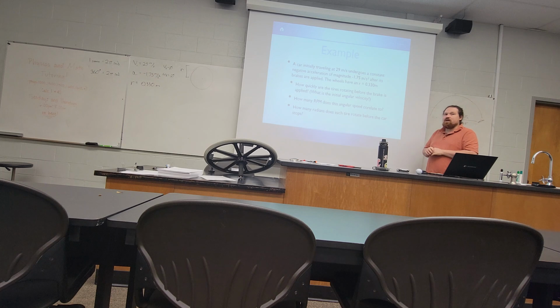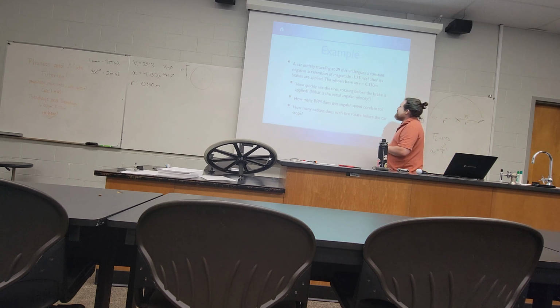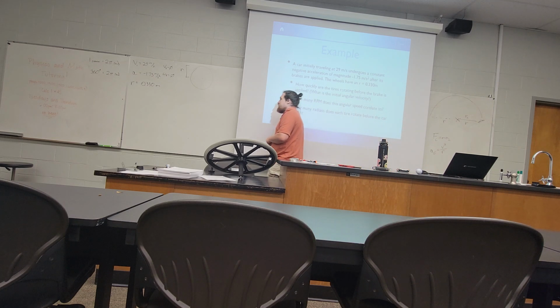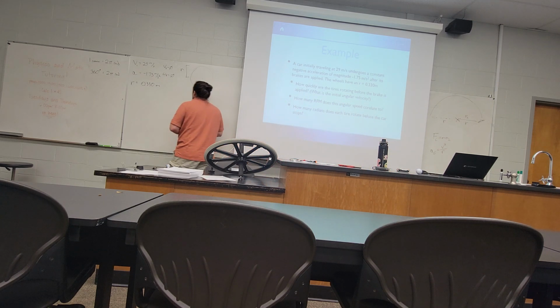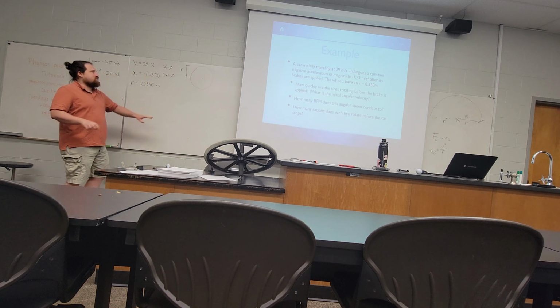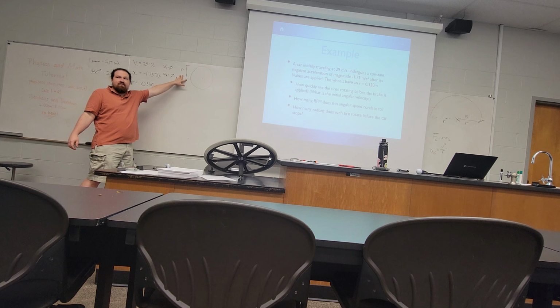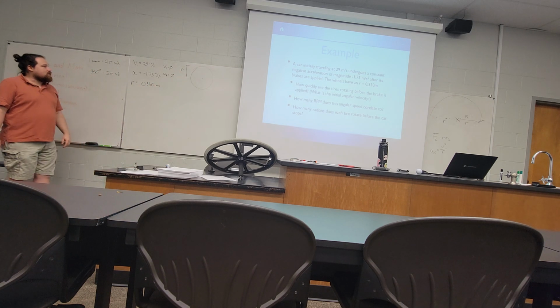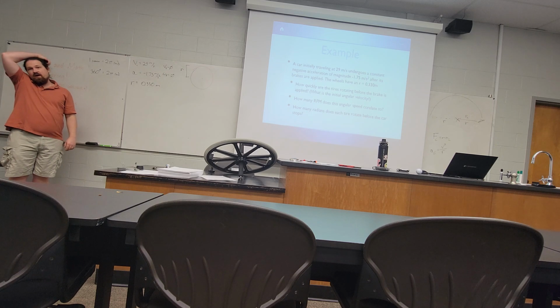Eventually this car is going to hit the brakes and undergo a constant negative acceleration of negative 1.75 meters per second squared in order to slow down. Separate from that is the radius of the tires, which is half of the diameter. The tires are all 0.33 meters in radius. These are actually pretty big tires.